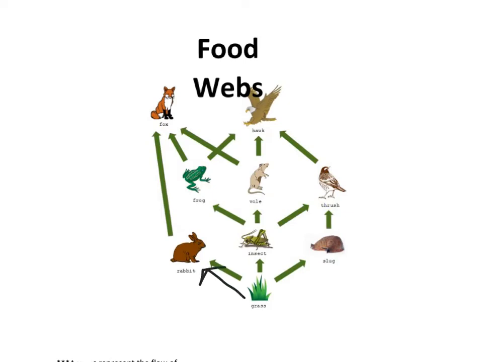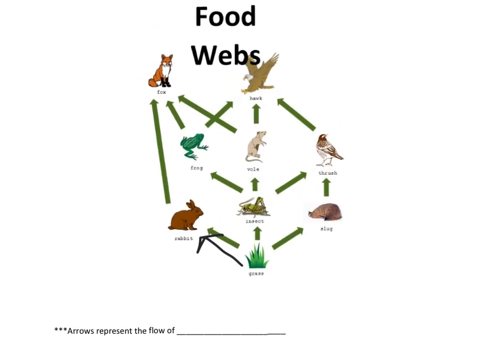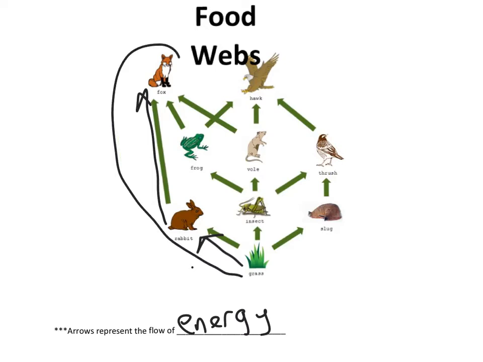One thing to make sure we understand, and I believe this is written right here, is that the arrows represent the flow of energy going from one organism to another. It's not as though the grass is eating the rabbit. It's quite the other way around. The energy is going from the grass to the rabbit, and then from the rabbit to the fox. There is a basic food chain.